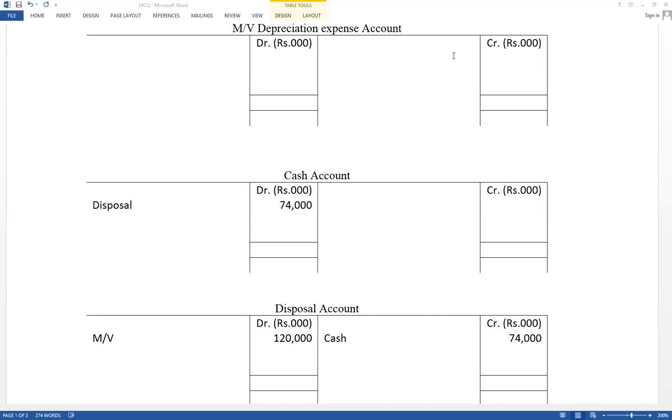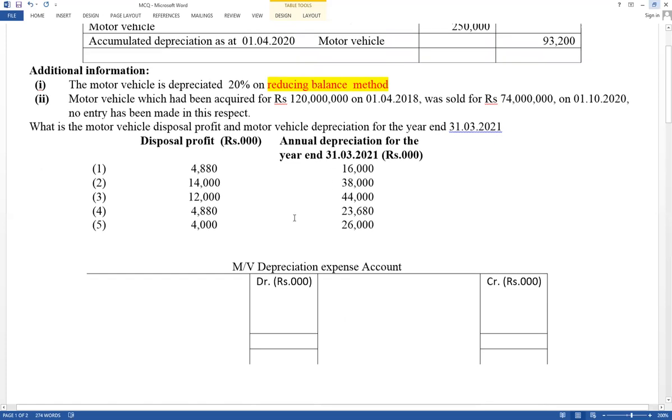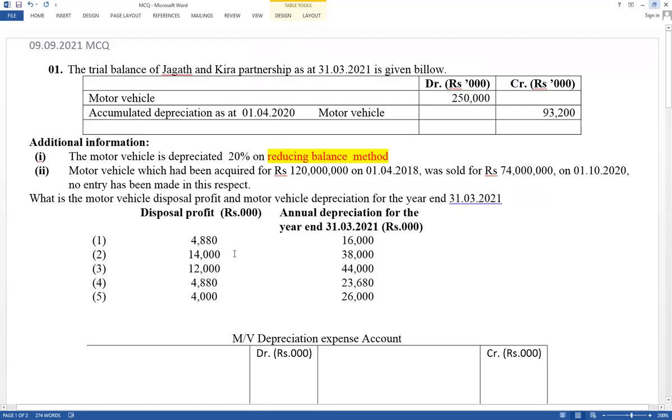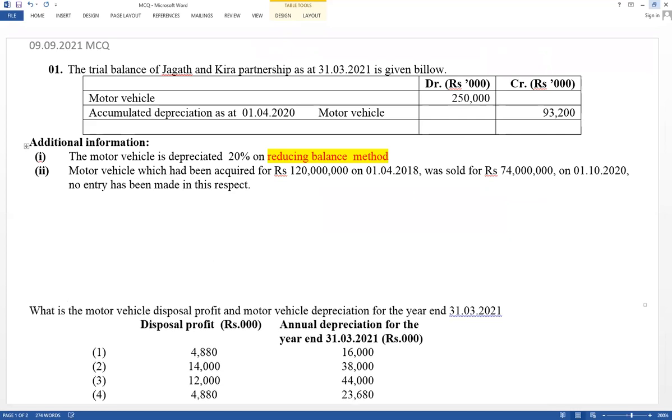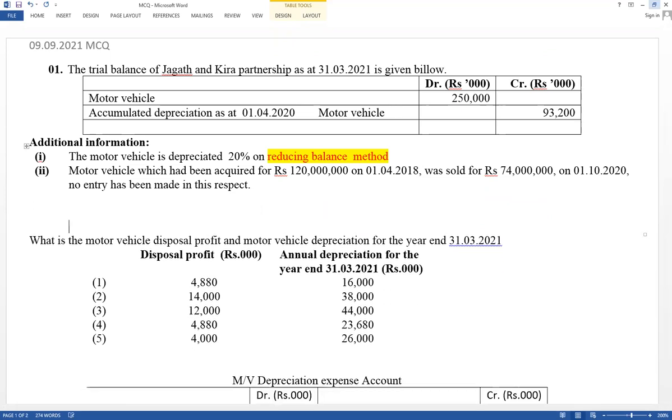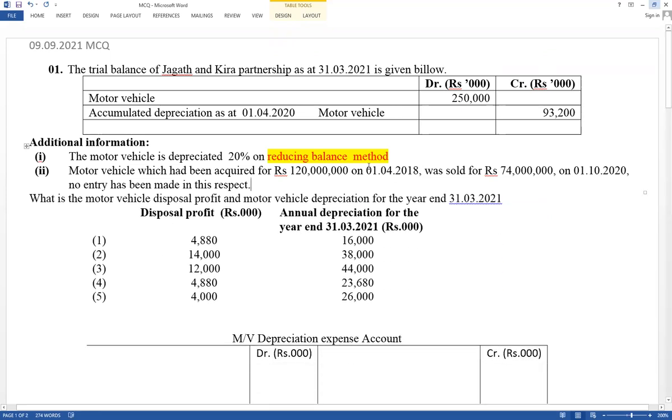You have to know how to calculate accumulated depreciation. Method: reducing balance method. Think about how to calculate accumulated depreciation. Think about the purchase date and disposal date. They are given.